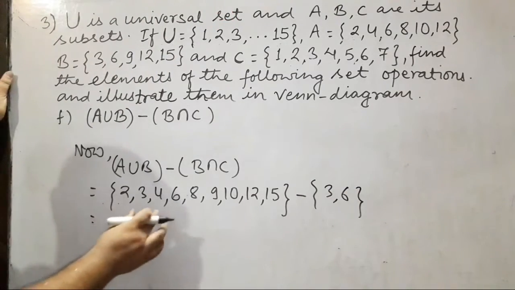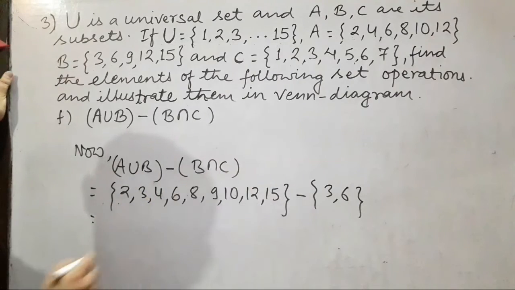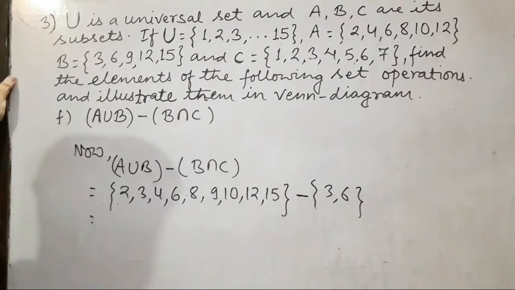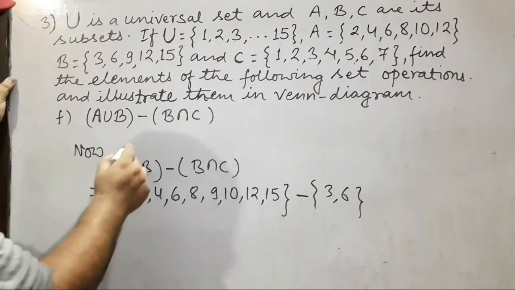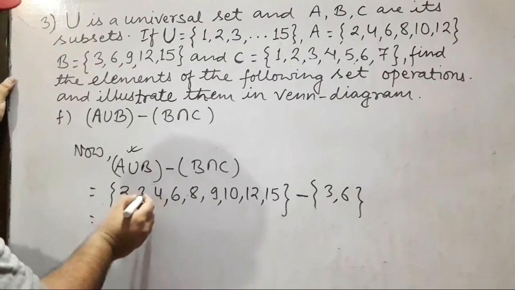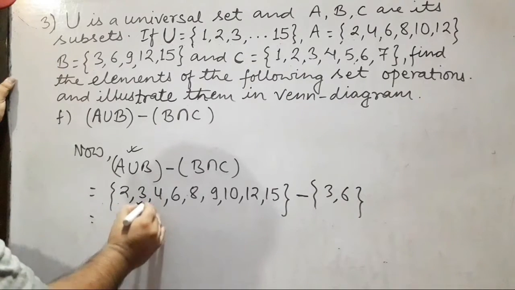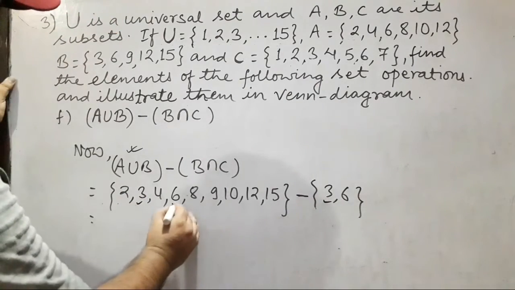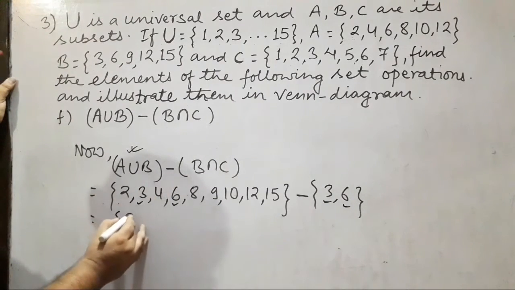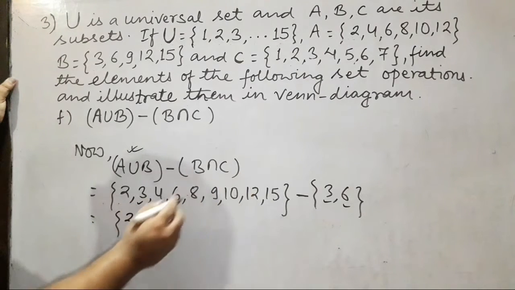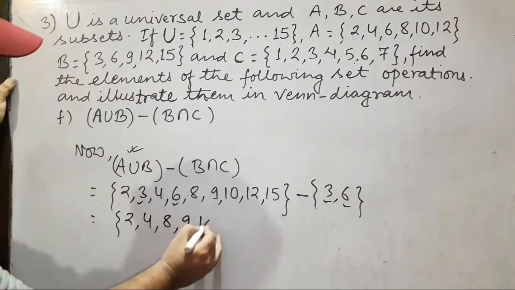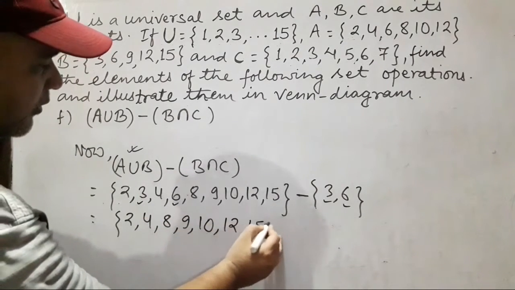Now, for the difference of these two sets, we have to write down the elements contained only in A union B. We will indicate the common elements 3 and 6, and write down the remaining elements: 2, 4, 8, 9, 10, 12, and 15.